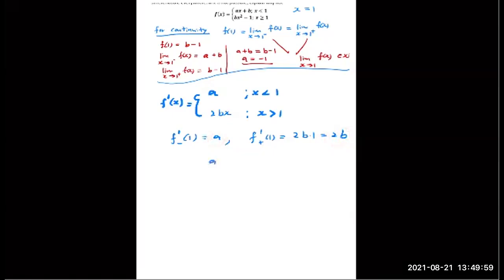So that means I want a equal to 2b. Because we already know that a is equal to minus 1, I can find my b. b is equal to a divided by 2, which is minus 1/2. So we found the values of a and b so that my function is differentiable at x equal to 1 and continuous at x equal to 1.